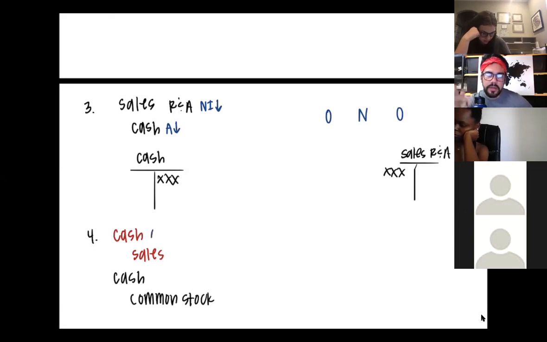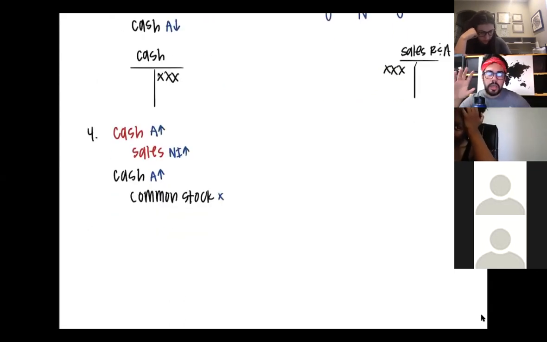So in this scenario, they recognized cash correctly by increasing it, so my assets are no effect. And since we don't have any liabilities, that's also no effect. However, they recognized sales incorrectly, so it will be overstated. Does that make sense?